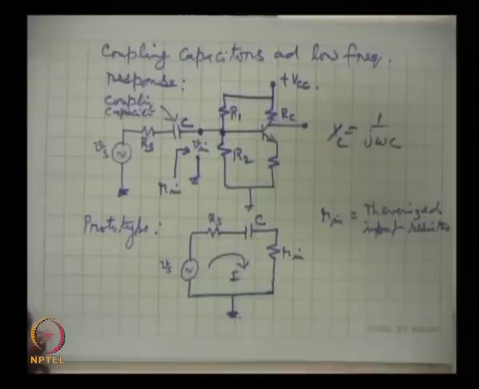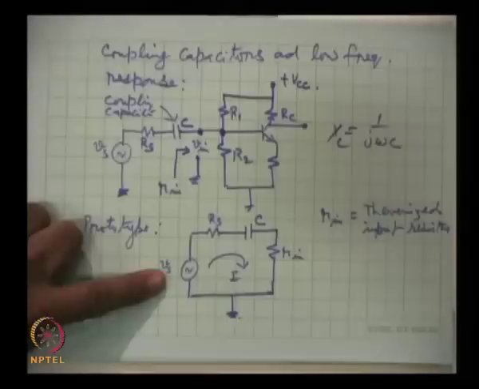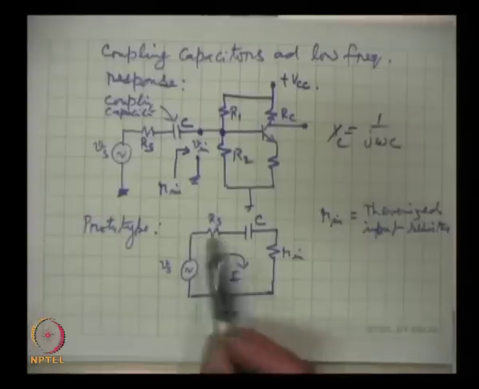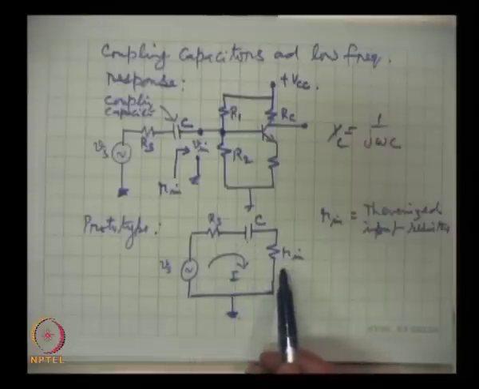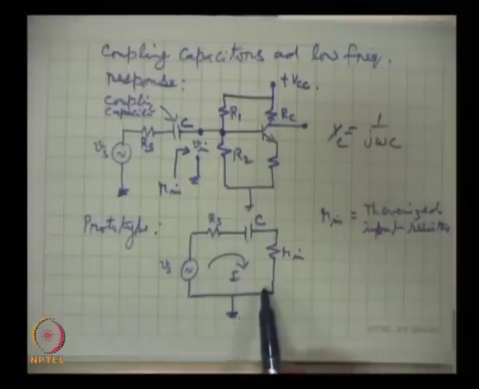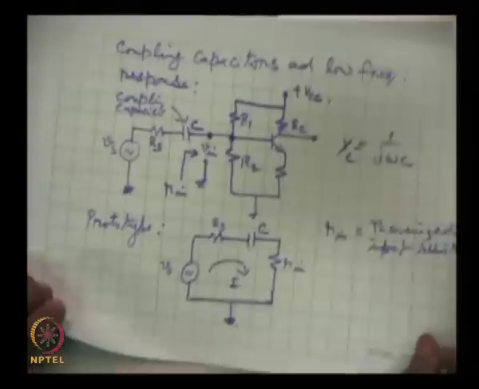in the circuit? We can simply write the applied voltage Vs, and these three components, the source resistance, the coupling capacitor, and the Thévenized input resistance of the amplifier are in series. So, we can write how much will be the current in the circuit.